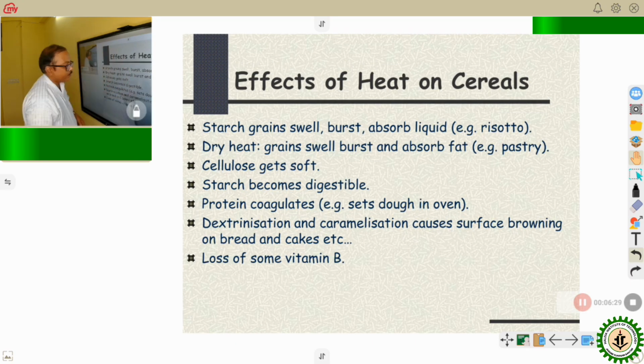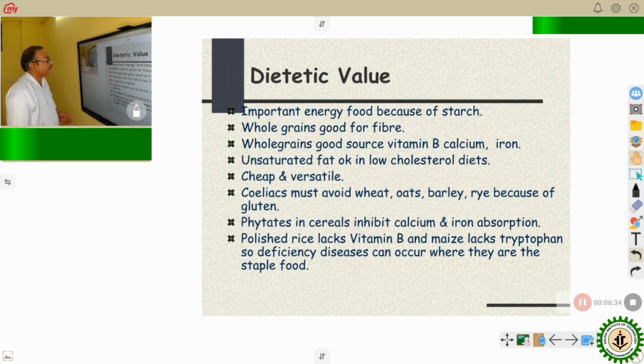Actually, that is why the grain is dried, because if the grain has a high moisture content, there is a chance of molds; the molds can grow and germinate and produce mycotoxin.